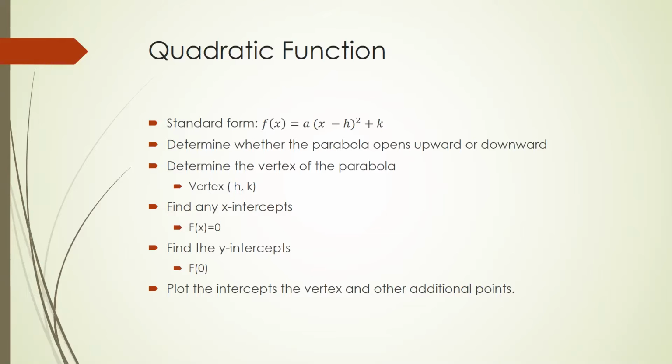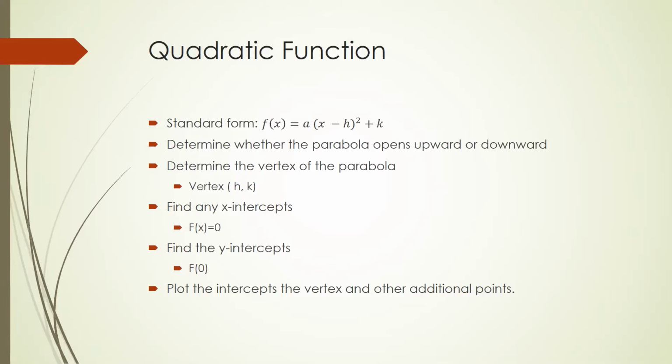So when you have a parabola, you would determine whether the parabola opens upward or downward. You determine the vertex of the parabola. The vertex is usually determined by the point (h, k) from the standard form for the equation there.